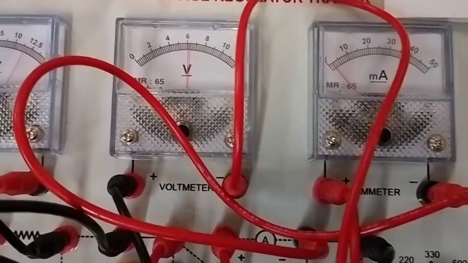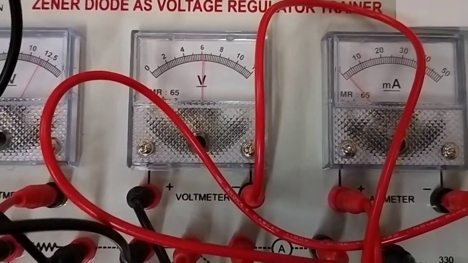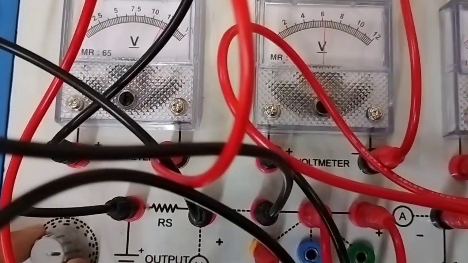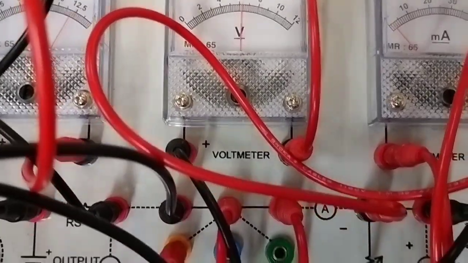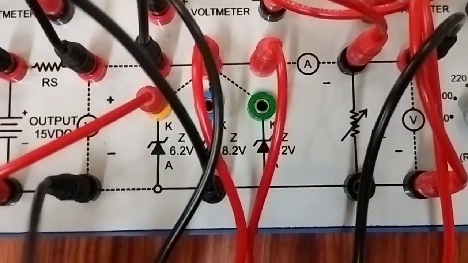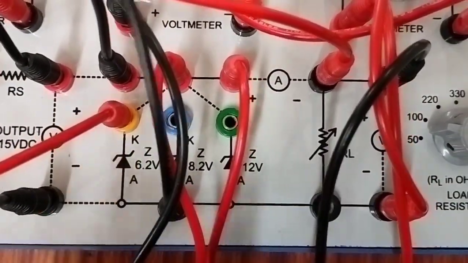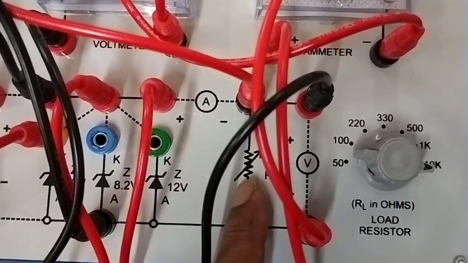This is how a Zener diode acts as a voltage regulator. You increase the input voltage, but the output voltage remains constant because the current will pass through the Zener, and no current will pass through the load.